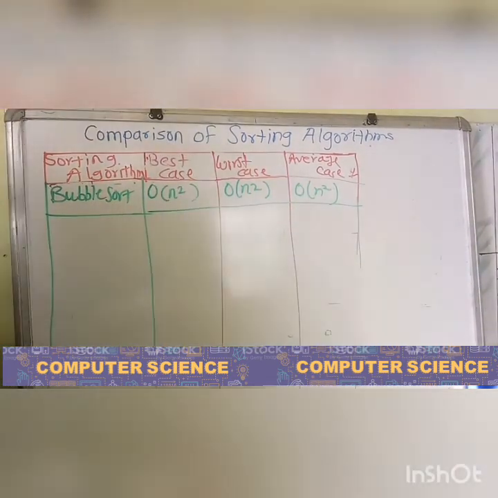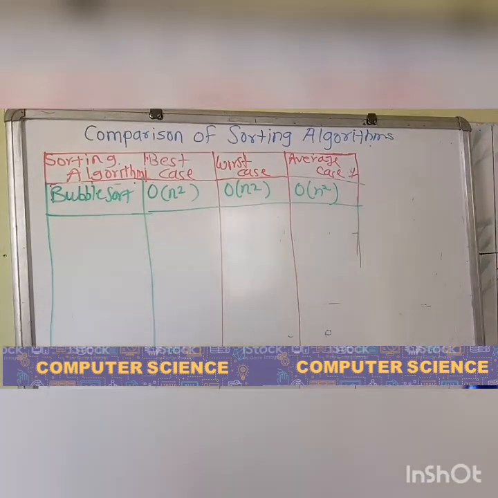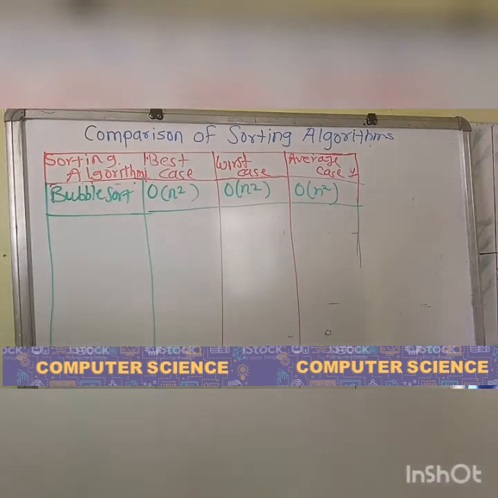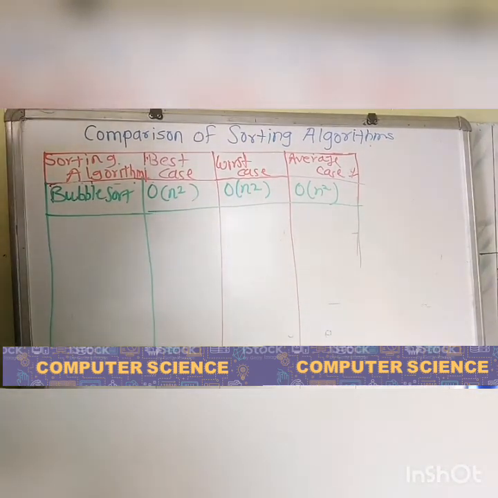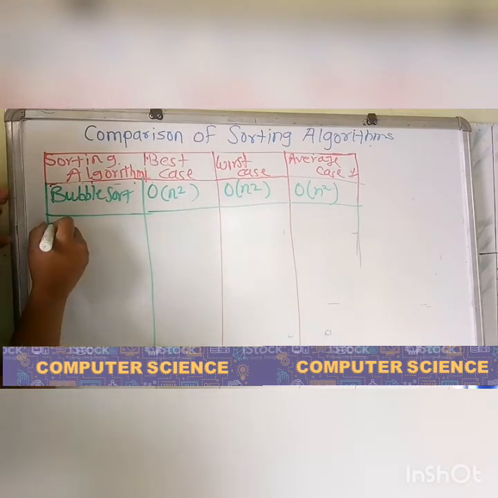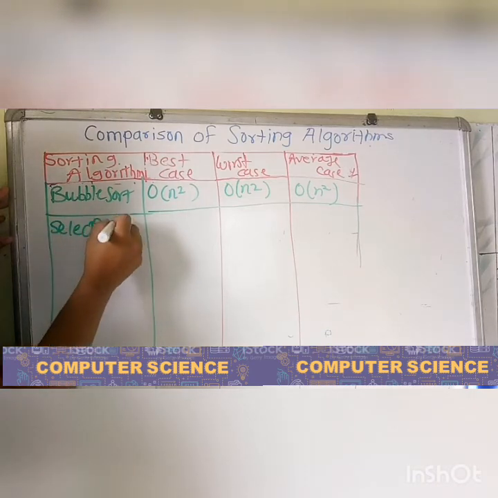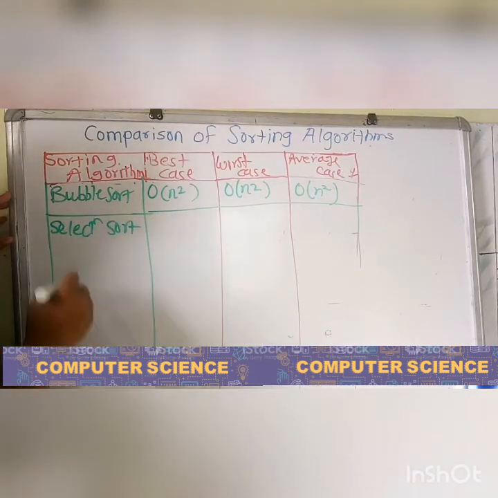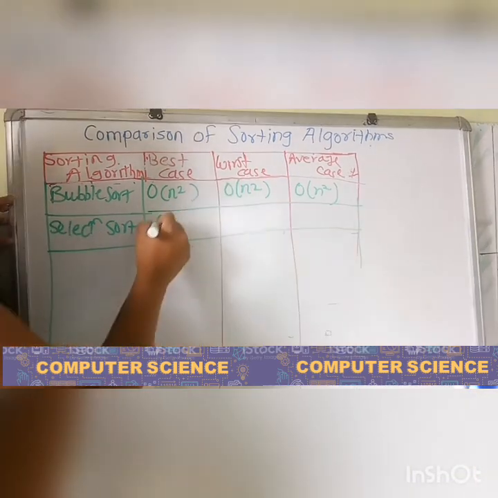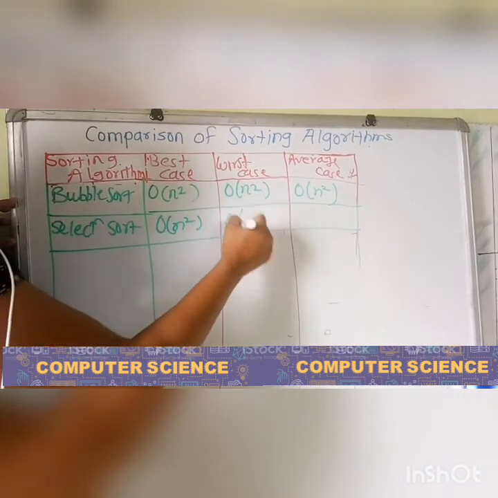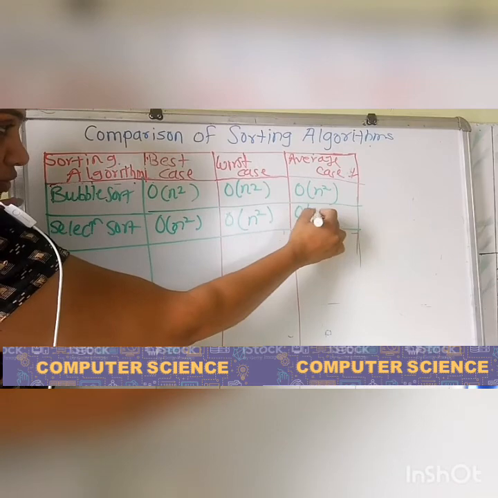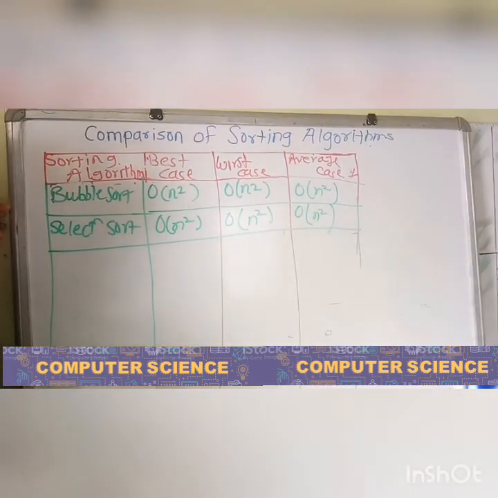So for the three cases it will behave in the same manner. Now for the selection sort, it will require the same number of comparisons: big O of n square, big O of n square, and big O of n square.